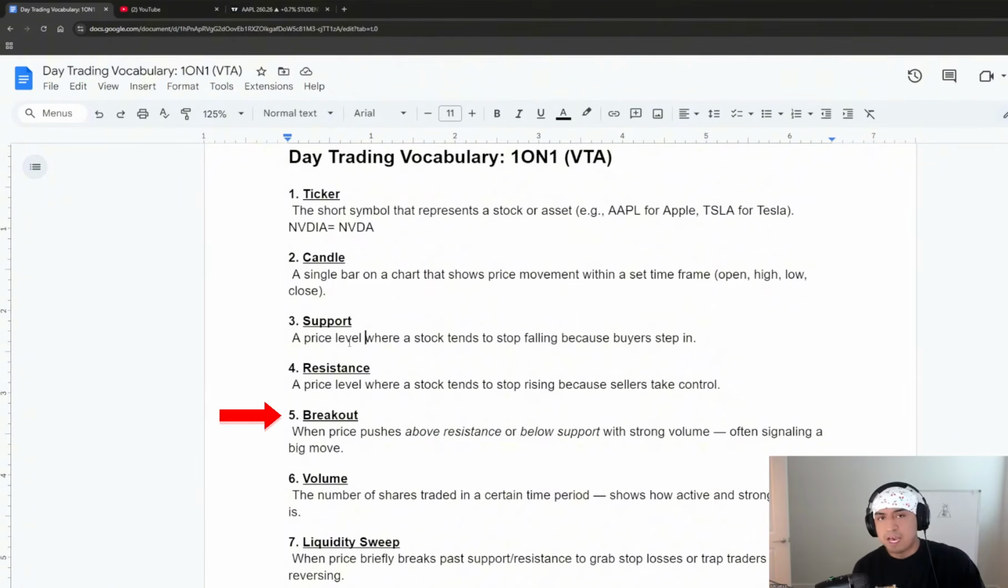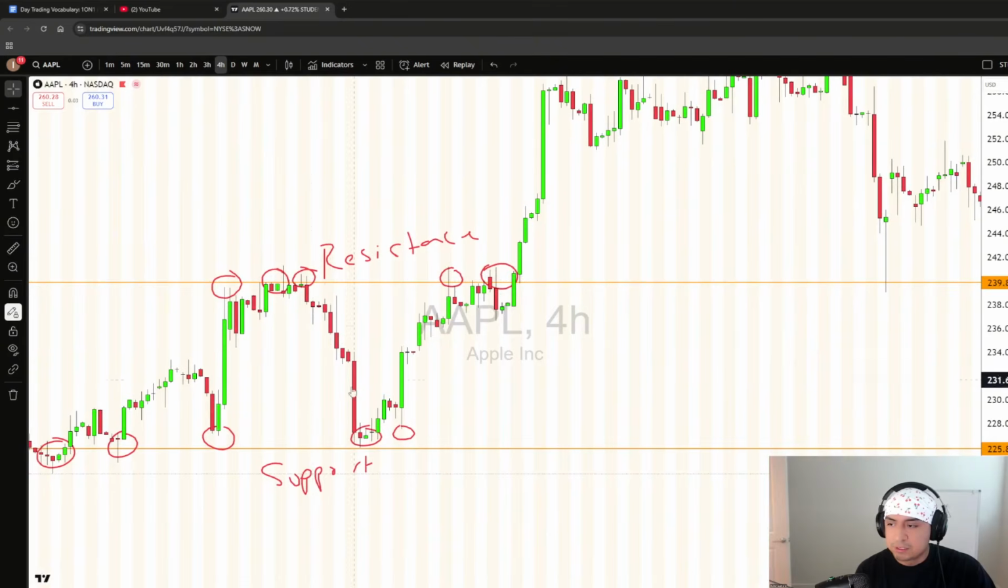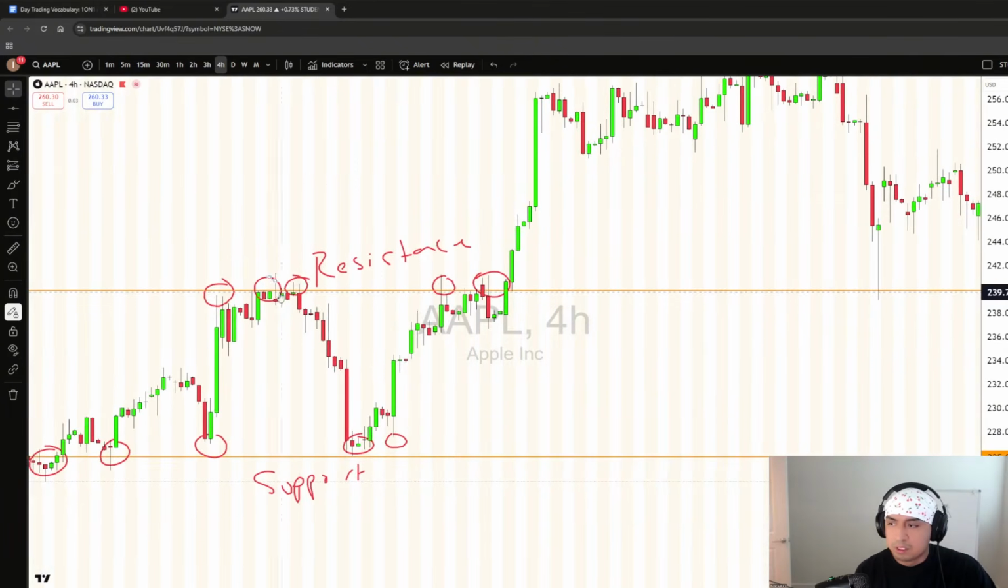But now this is where 5 comes in, which is breakout: when the price pushes above the resistance or below the support with strong volume, often signaling a big move is about to happen. So if we look back over here, we have the resistance and the support, but you can see that the support held. But look at the resistance.